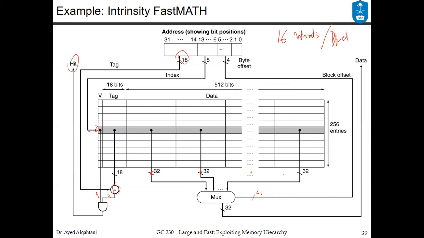And here we have a block, and inside the block we have 16 different words. To choose one of these words, we need the mux, and the selector of this mux is going to be the 4 bits in the block offset.